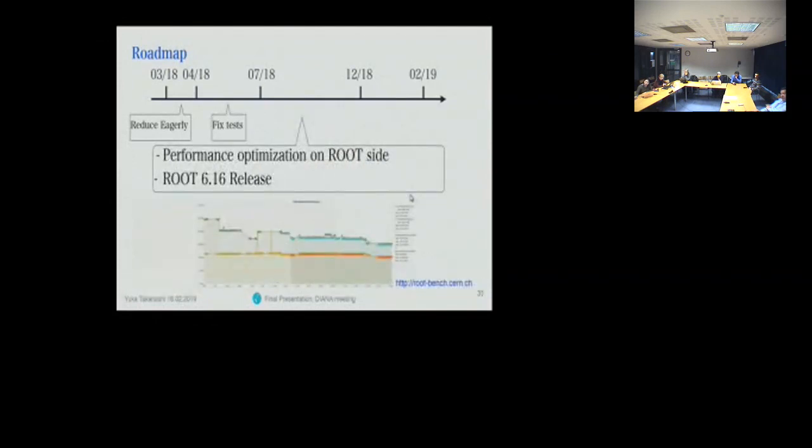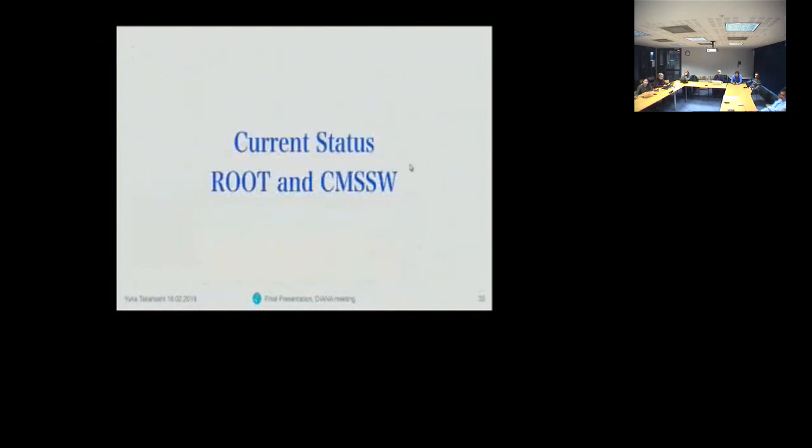From July to December, we have been working on performance optimization from the root side, and also we released modules in root 6.16 release. From December to now, our main focus was on CMSSW. This is an important item, so we will present a detailed current status in the next section. Current status in root and in CMSSW.